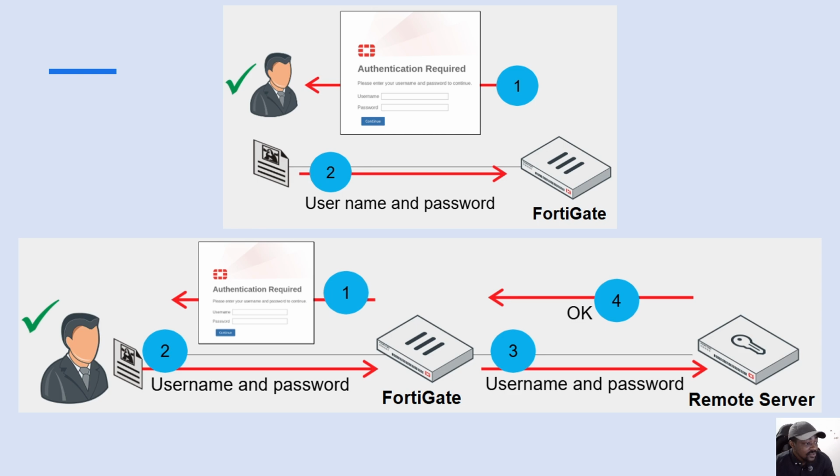But with the configuration done on the FortiGate firewall, the request will be redirected to the appropriate remote server, which in turn will check if these credentials are good. Then it responds back to FortiGate. If the credentials are good, FortiGate will let the user get access. Otherwise, it will inform the user that the credentials are not good.